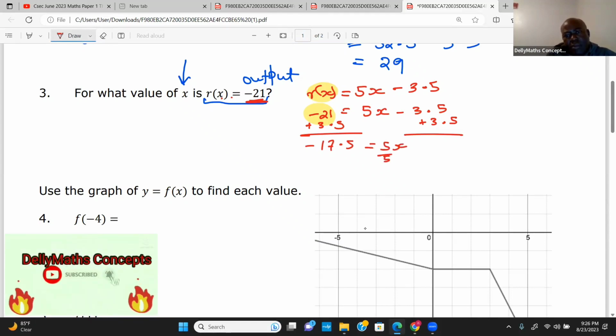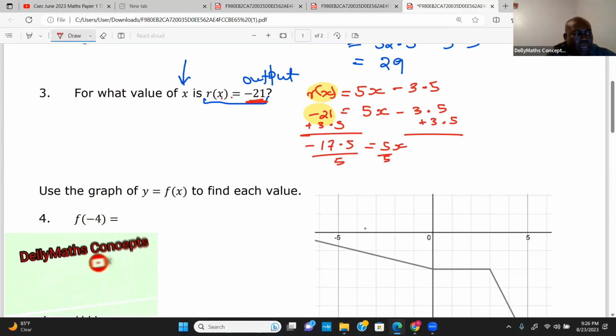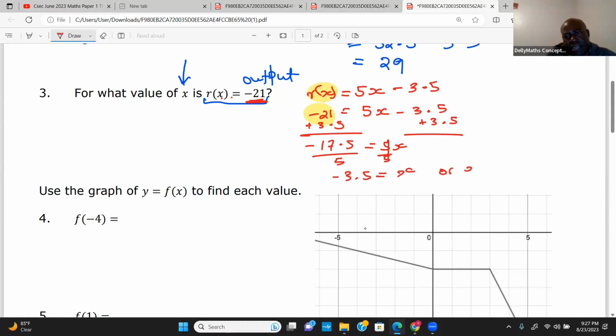We're going to divide both sides by 5, and then I'm left with negative 3.5. This is equal to x, or you could turn it around and say x is equal to negative 3.5. So we have just found the input value that would have gone into the function to produce negative 21.